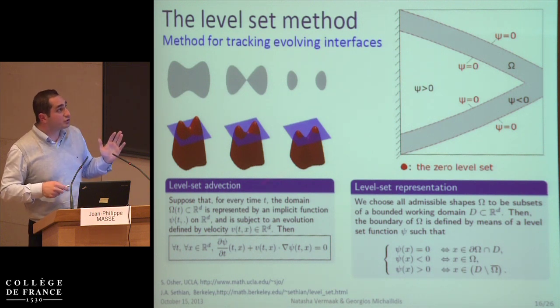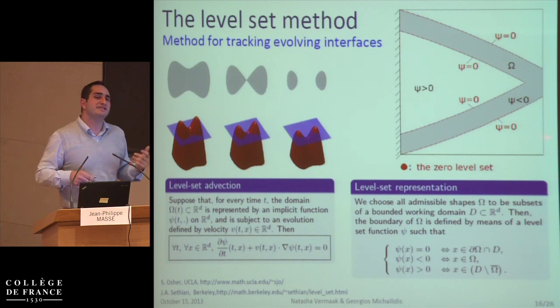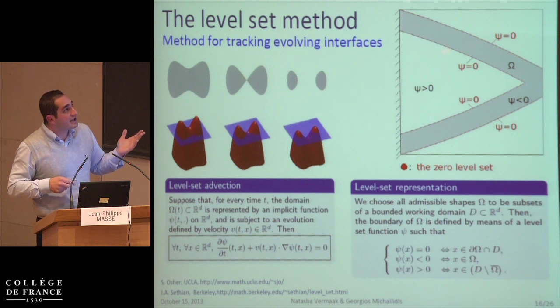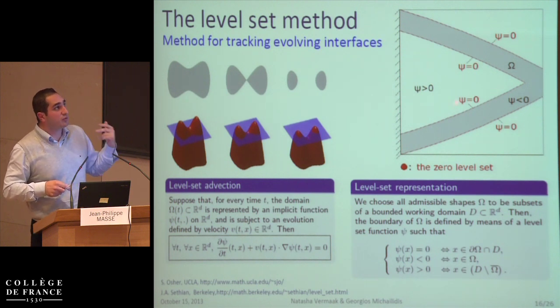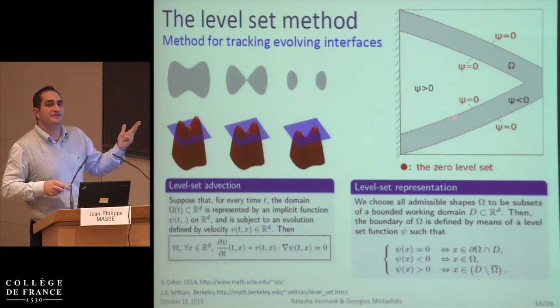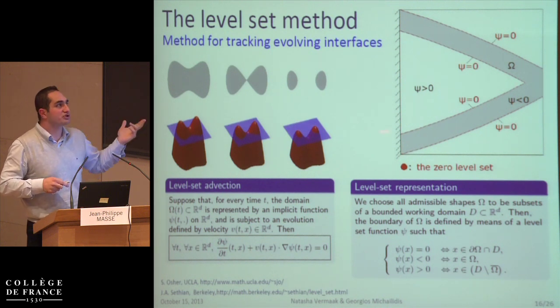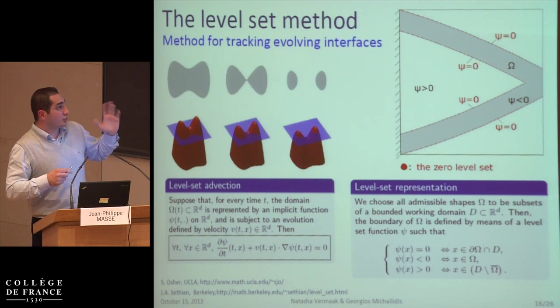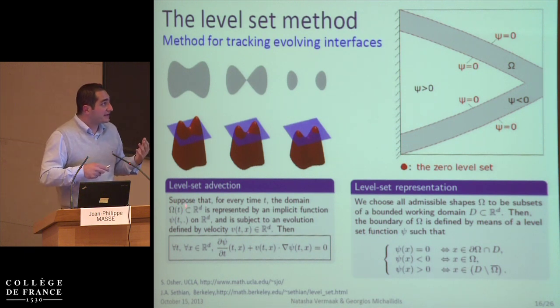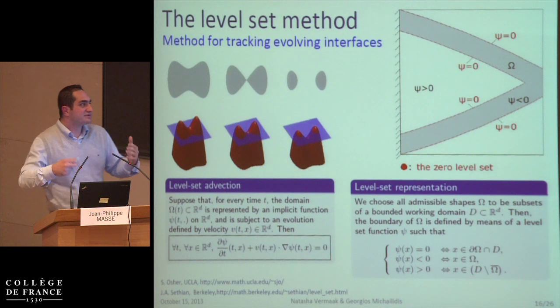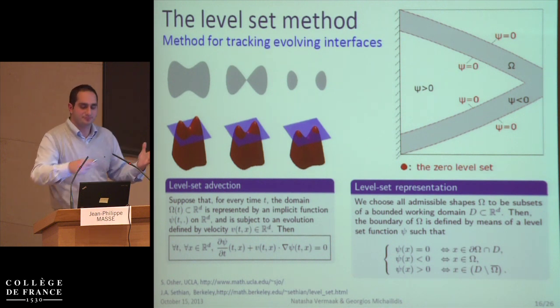More specifically, in 2 dimensions, we will assume that all our shapes will be subsets of a given working domain, a fixed domain, a rectangle here, and we will take the shape to be the set of points where psi equals 0, the level set function being psi, and by choice we attribute negative values inside and positive values outside. So we will have a shape that evolves in time under a velocity field u. By doing a derivation in time, we get the following transport equation which describes the evolution of the shape.